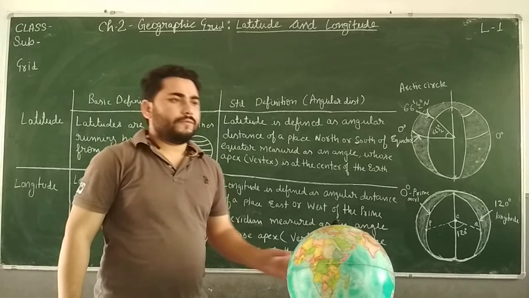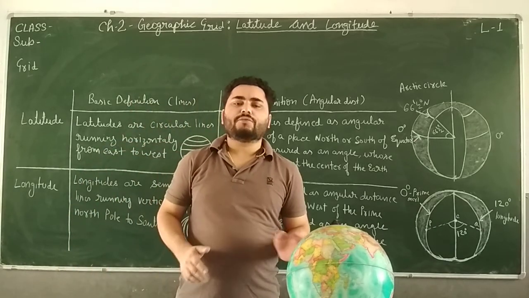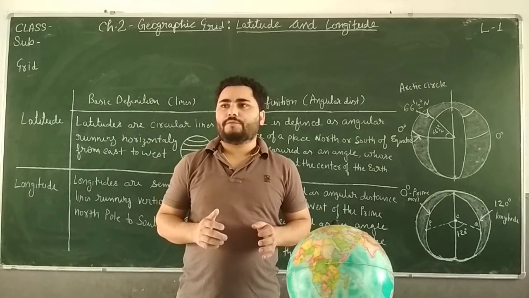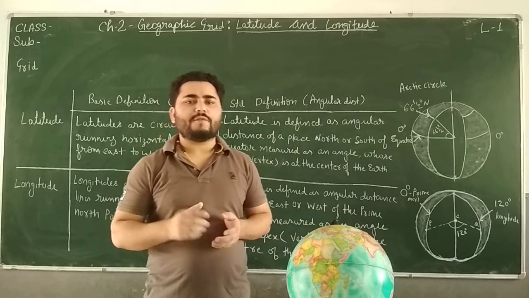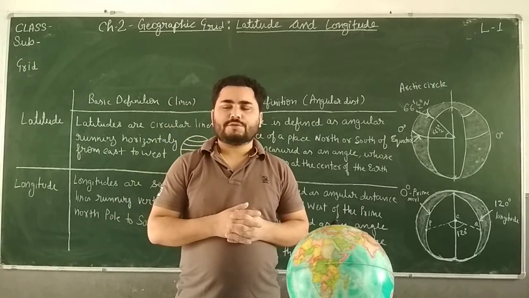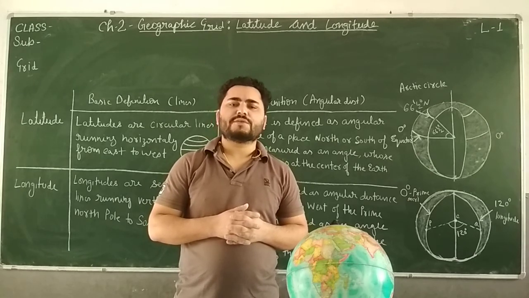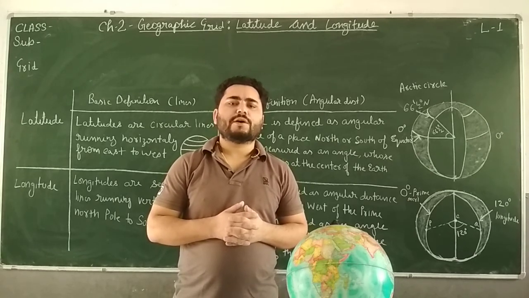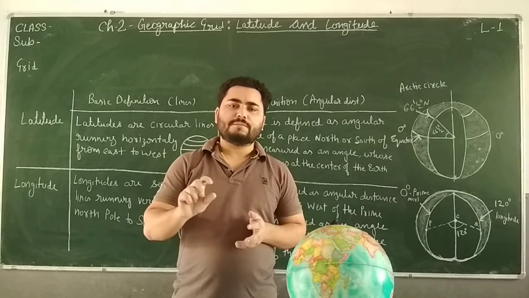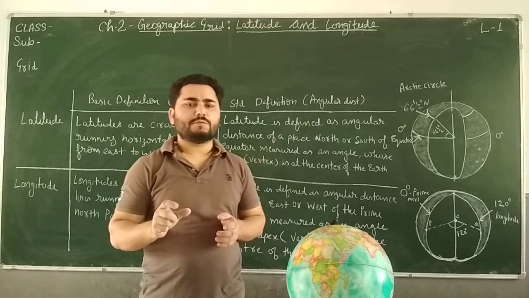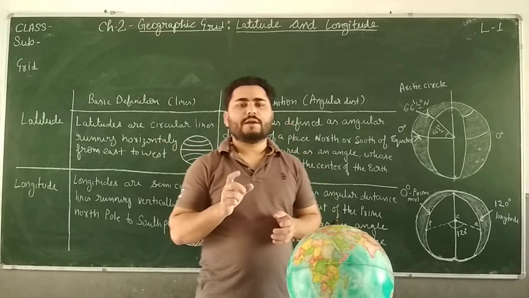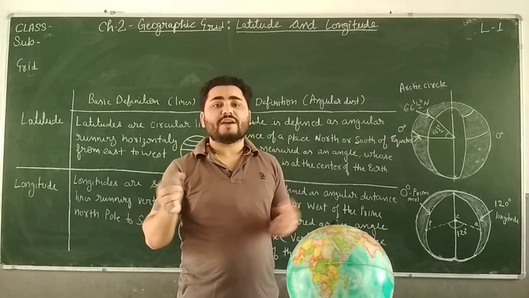See, for telling the location of a place, you need to have a point of reference. Suppose I ask you where is Bloomingburg School, then you will tell, it is located in Sambal. So now Sambal has become the point of reference, and you are giving the location of Bloomingburg School with respect to Sambal. Now I'll ask you, where in Sambal?